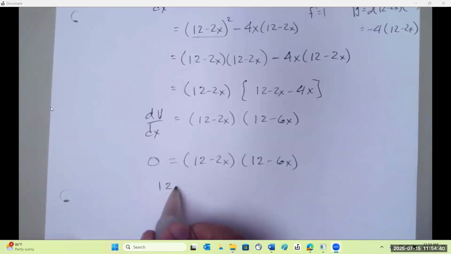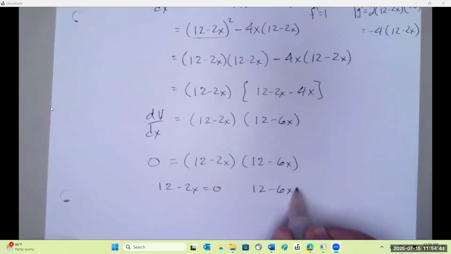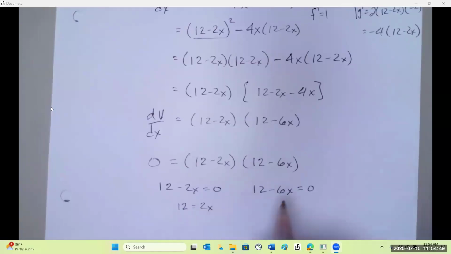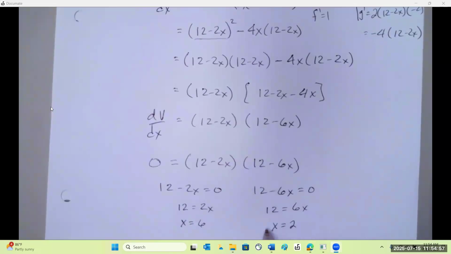So we have 12 minus 2x equals 0, 12 minus 6x equals 0. So x equals 6 and x equals 2.